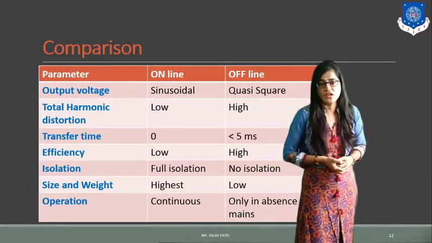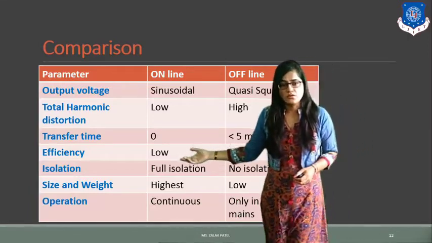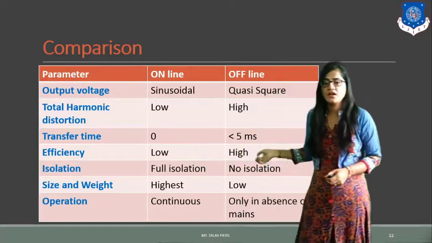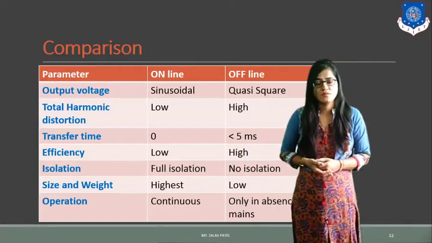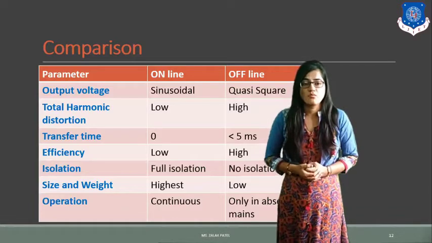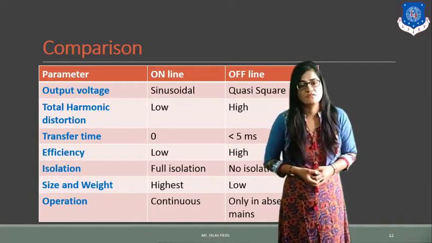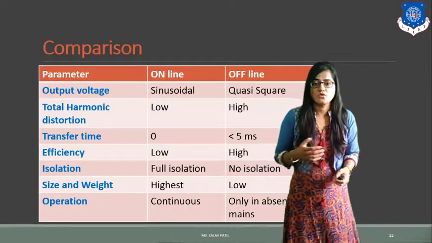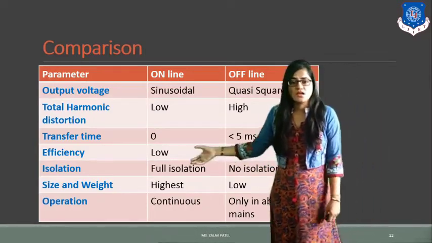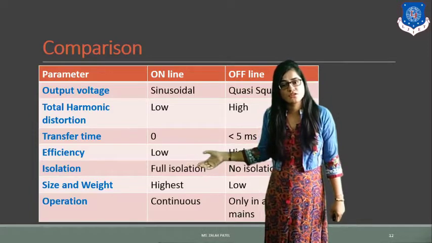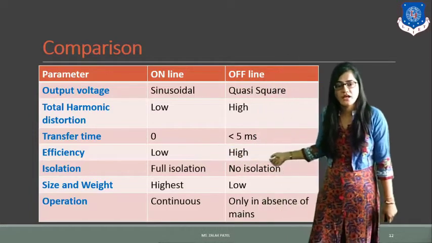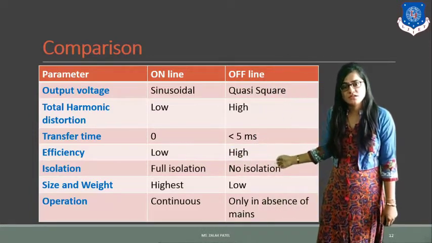If we talk about efficiency, it is low for online, and in case of offline high efficiency can be provided because it can be operated in two different modes, and mainly in this case the UPS will remain off. If we talk about isolation, in case of online full isolation is required, while in case of offline no isolation is required.